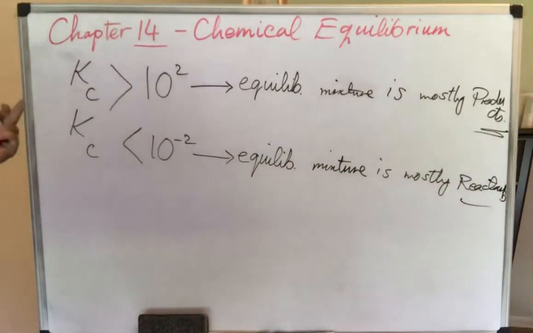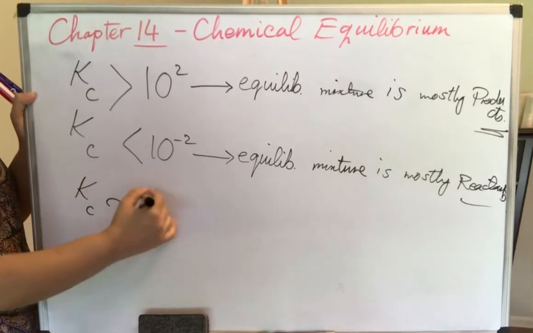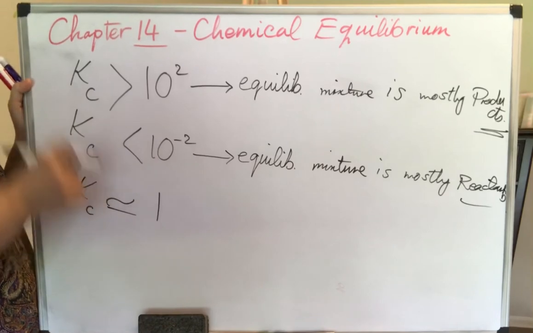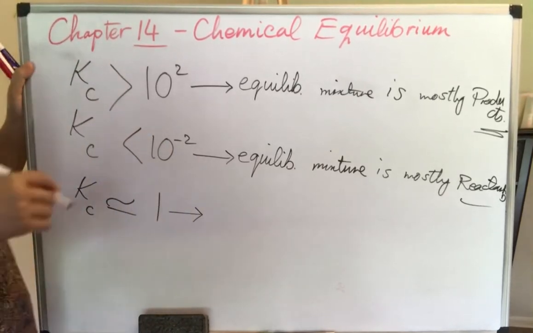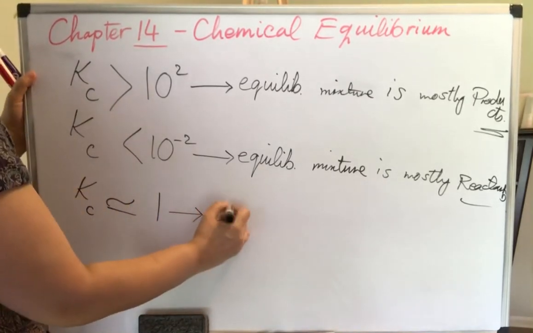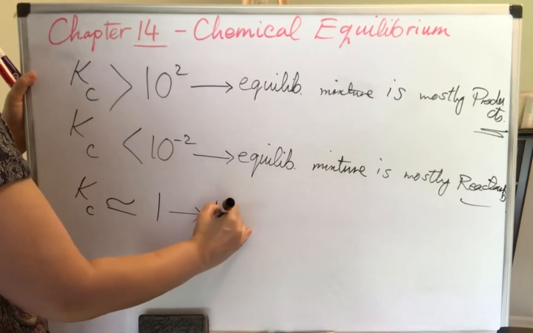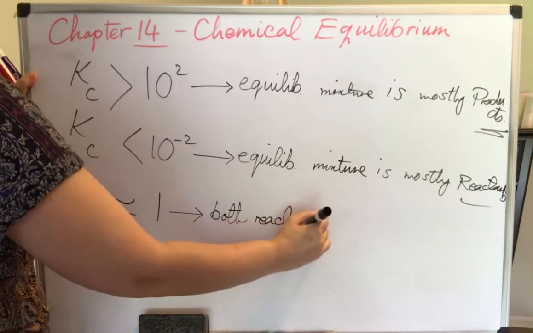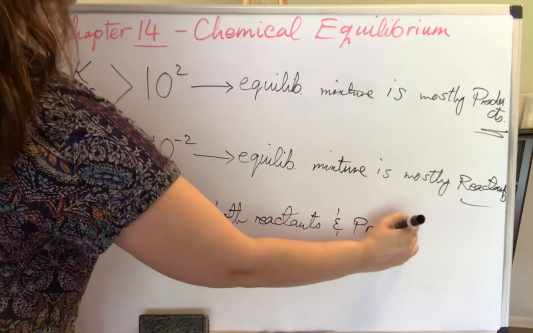And if Kc approaches the value 1, then you have both components in the mixture, almost equal. Let's not use the word equal: both reactants and products in the mixture.